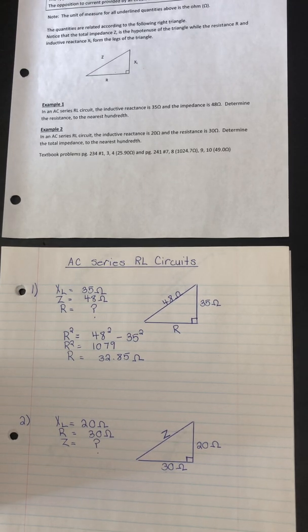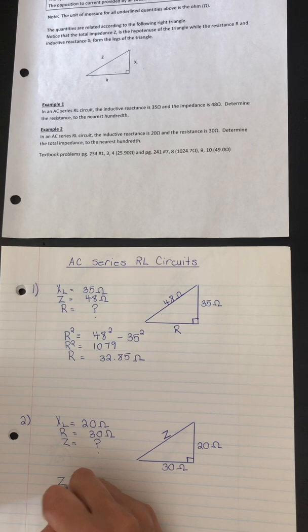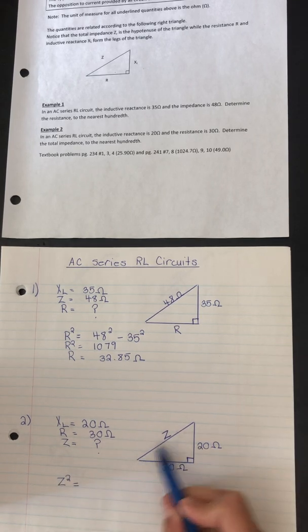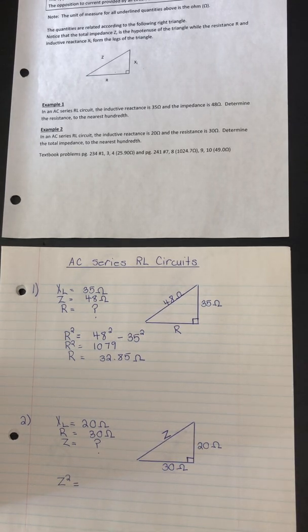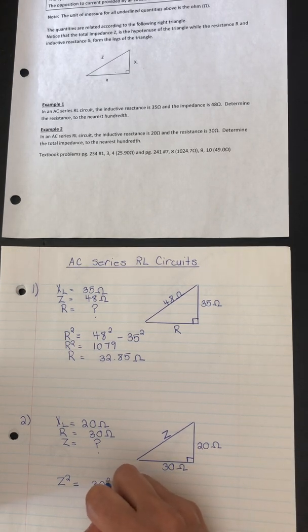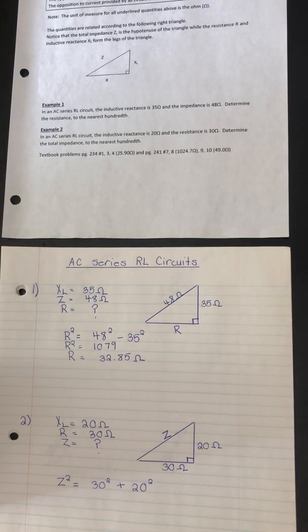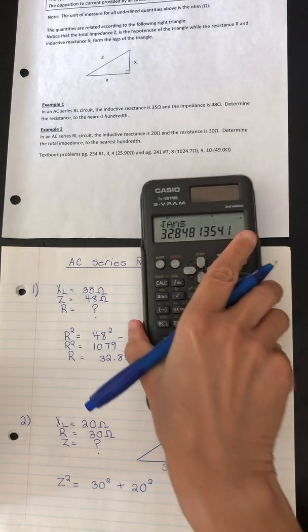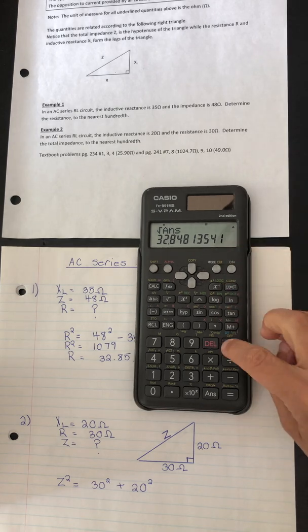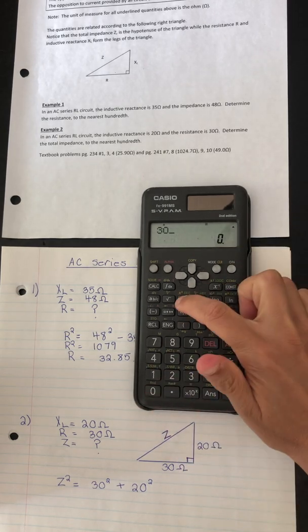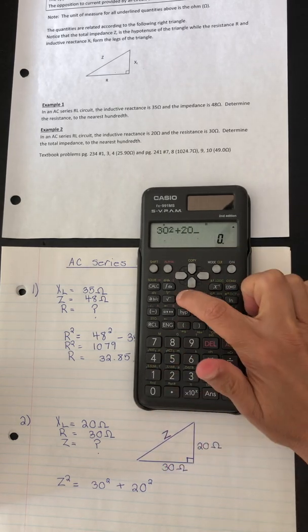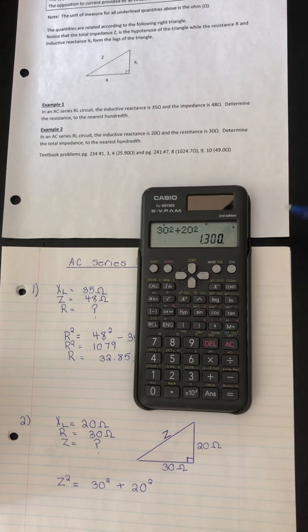Using the Pythagorean theorem, this time we'll have adding, because we are finding that longest side length. So we want to do 30 squared plus 20 squared, or 20 squared plus 30 squared. Okay, so we get out our calculator now and we can punch that in. So we're doing 30 squared plus 20 squared. Okay, and so we get 1,300.